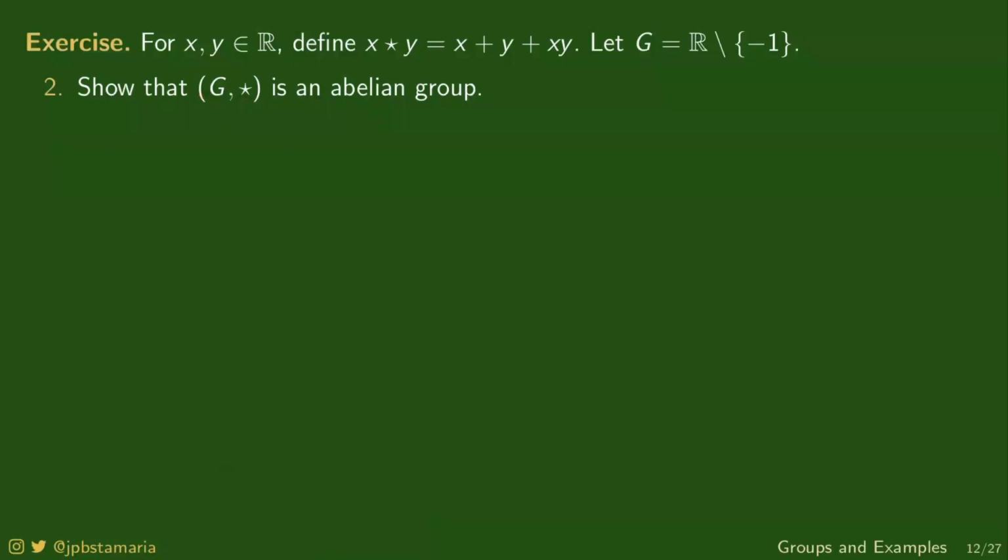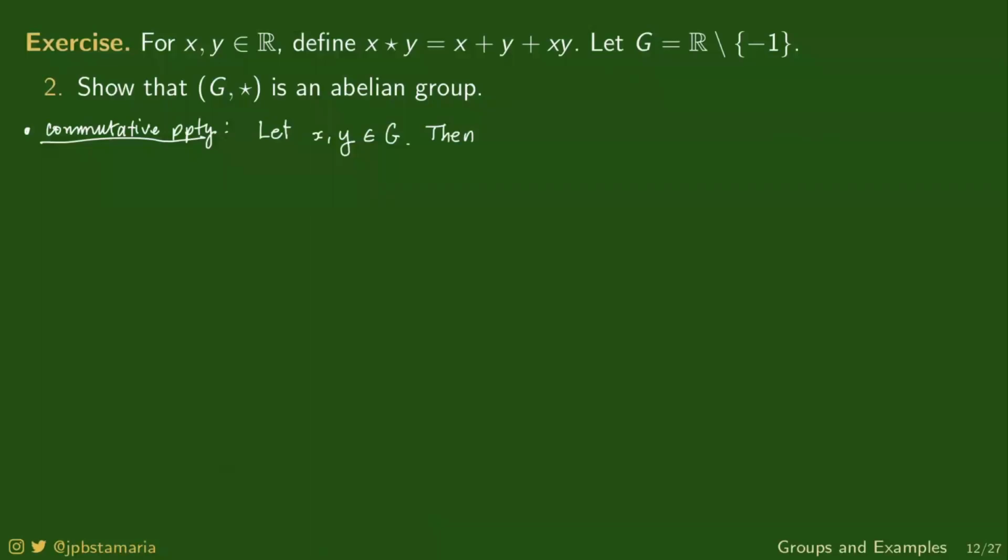Now, let us show that the group is an abelian group. Since the word abelian is there, the first thing to check is the commutative property. I will write here so you have a guide. I will take two elements in G, let's say x and y. Just two, because we are checking the commutative property.